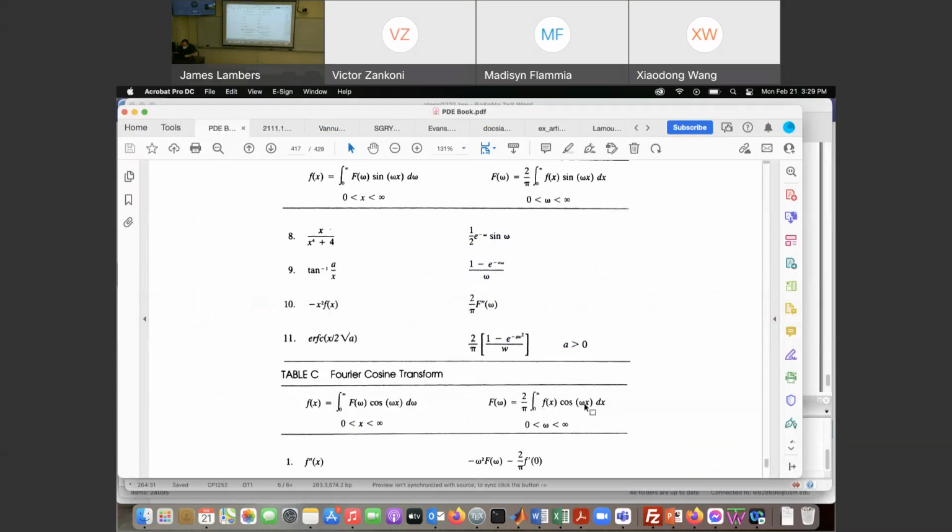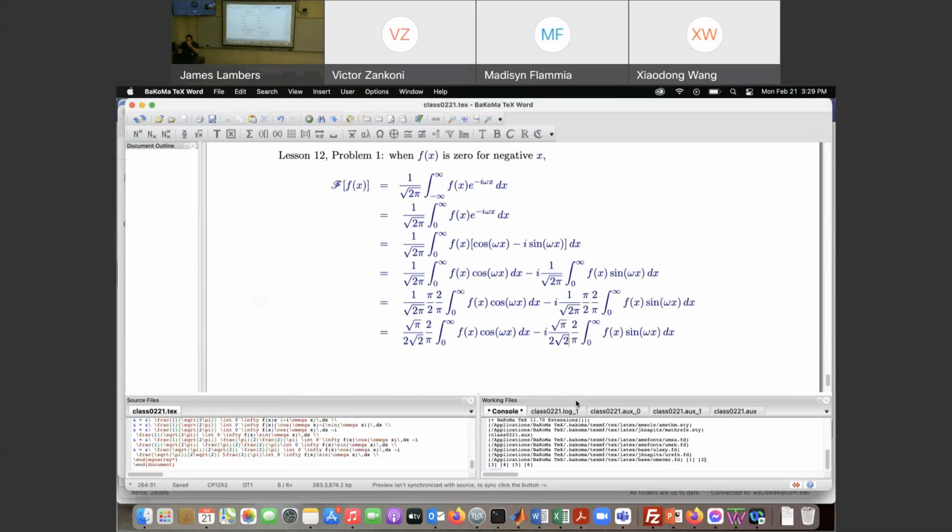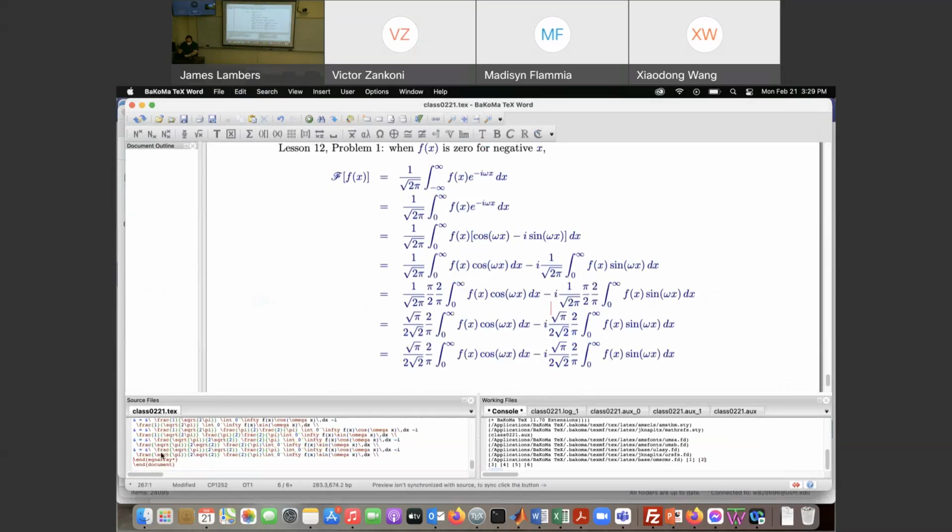Well, that matches this exactly, so that is the Fourier cosine transform of f, and then over here we have the sine transform.